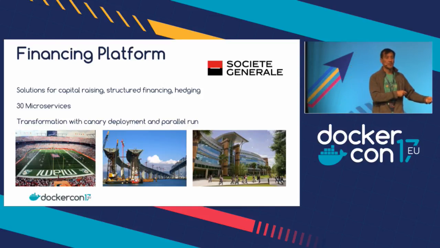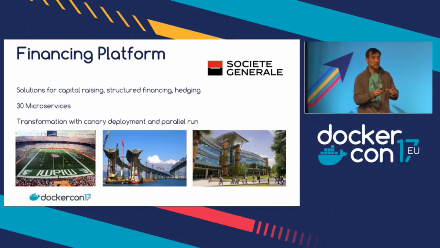This one, they had already transformed to microservices, but there wasn't just a few of them, there was over 30 of them. And what made this project a little more interesting was we had to do a parallel run. What that means is they didn't do a clean cutover to the new version. What they did was they flighted a certain percentage of the traffic to the new Docker platform.